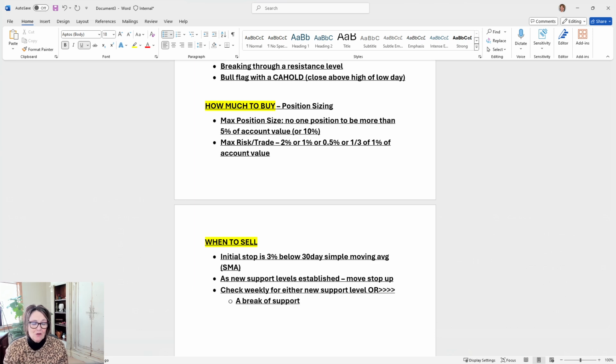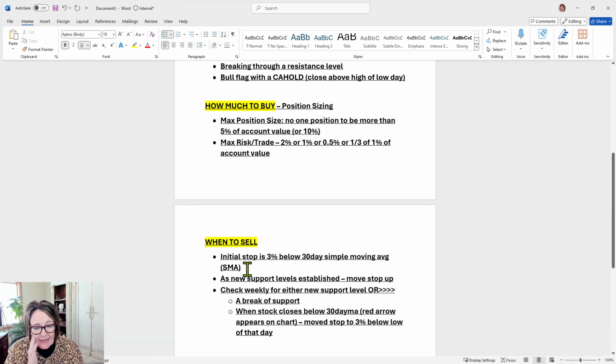When we get that break of support, so when the stock closes below the 30-day moving average, you can set it up so that a red arrow appears on the chart. Then you would move the stop to 3% below the low of that day. And then you would exit when you are stopped out.